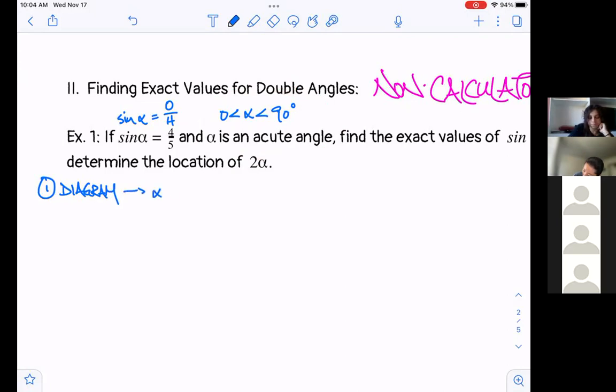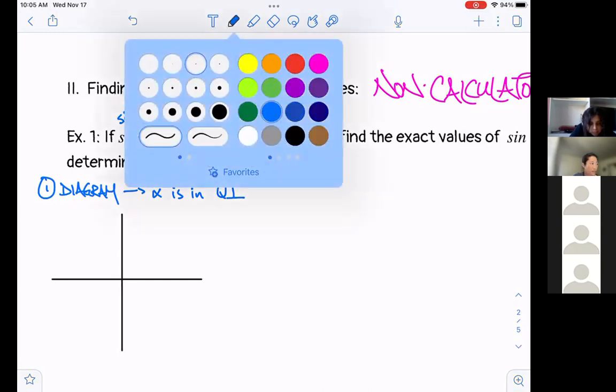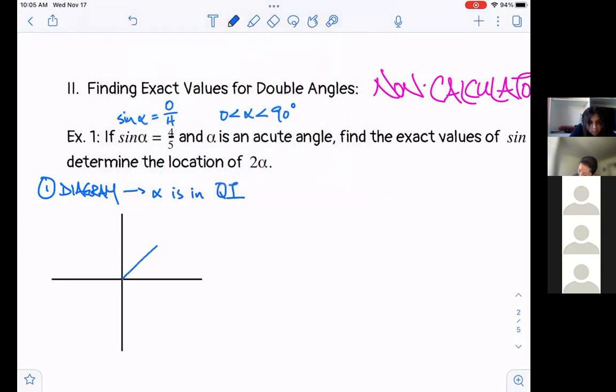Exactly. So alpha is in quadrant 1. So let me draw a diagram that shows a triangle in quadrant 1. So we've got quadrant 1, and we can draw in the rest of the triangle, and then we could label this angle as alpha.